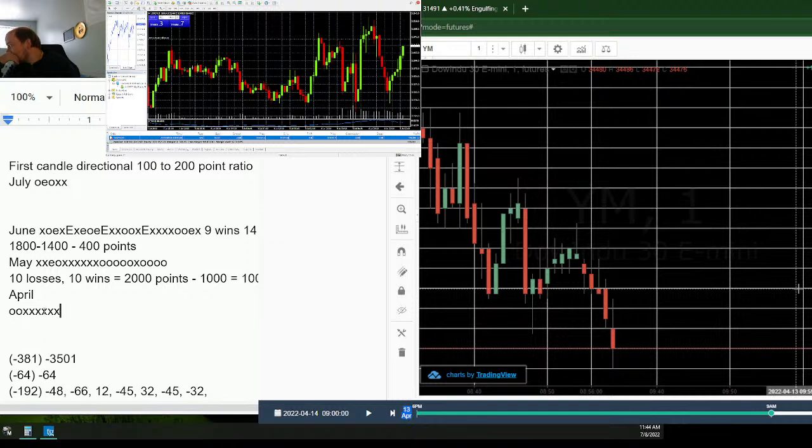Oh man. Big green candle. We're $250 in the negative on this trade.